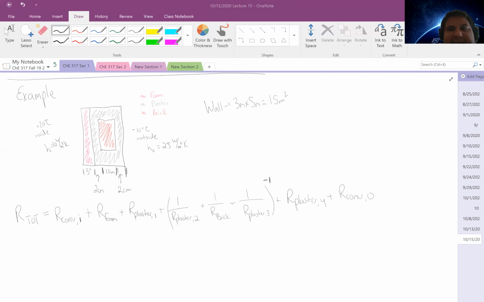And so the question becomes, based on this, what dimensions should I be using for this wall?